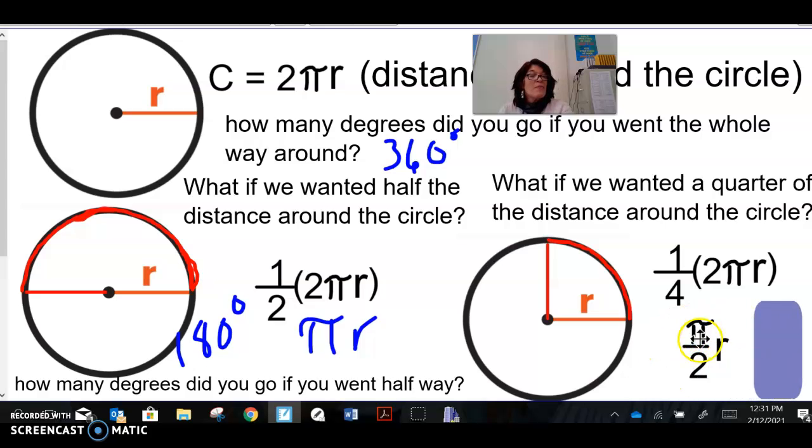And instead of writing a half pi, we usually write pi over 2, okay? How many degrees did I go there? 90 degrees. So 90 degrees goes with a quarter of the way around the circle, or a quarter of 2 pi r, which is pi over 2 times r. Hopefully you're getting the idea maybe a little bit. I hope so.